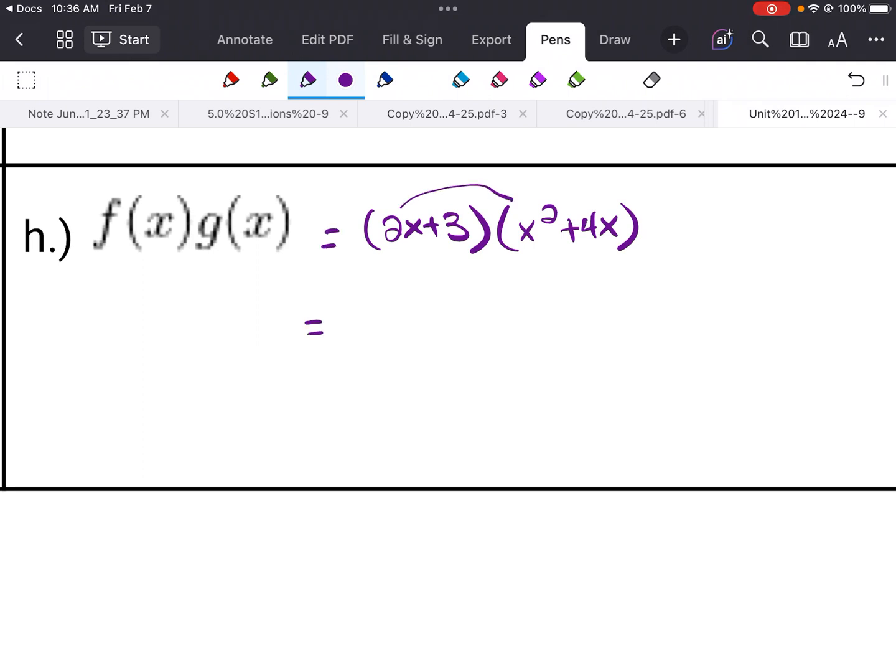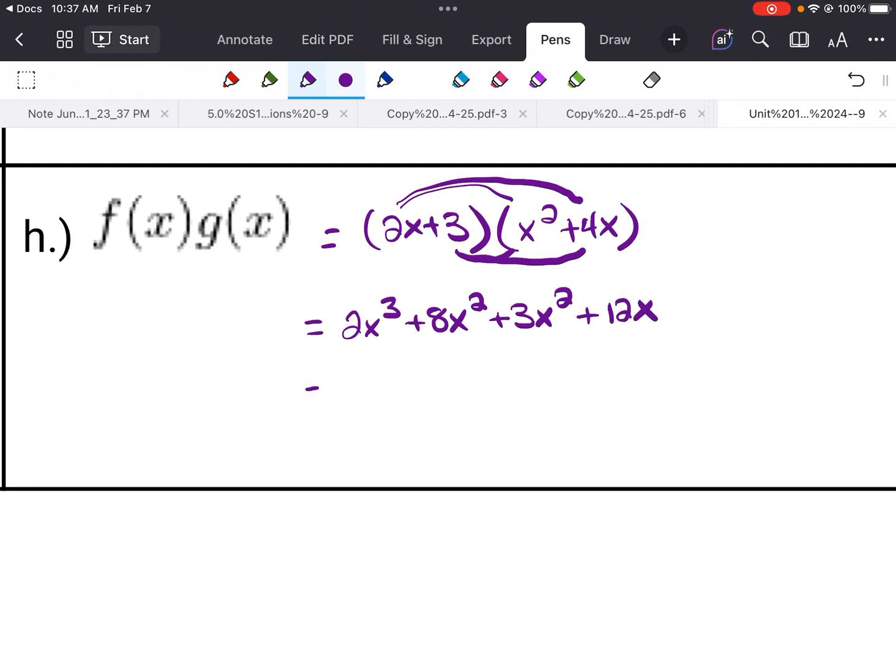We have 2x times x squared gives us 2x cubed. 2x times 4x gives us 8x squared. Then we have a 3x squared. And we finish off with a 12x. We have some like terms to collect there. The middle ones are 3x squared and 8x squared, so we get 11x squared plus 12x.